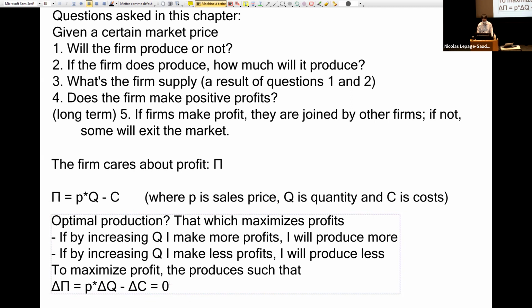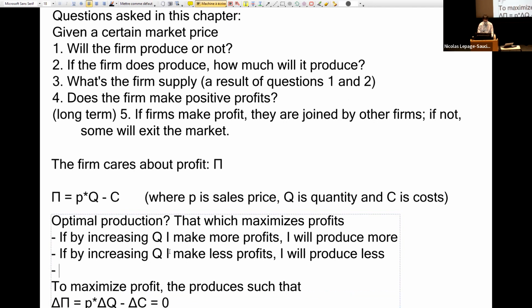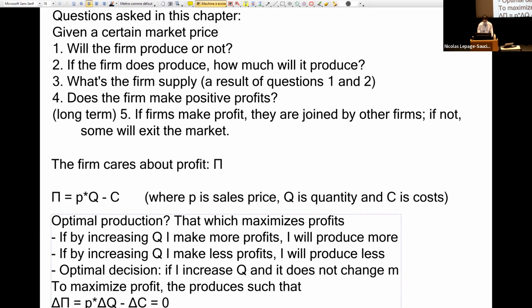So you see that if I increase Q and make more profit, I produce more. If I increase Q and I make less profit, I produce less. So what's the optimal decision? It's when I increase Q and it doesn't change my profit.